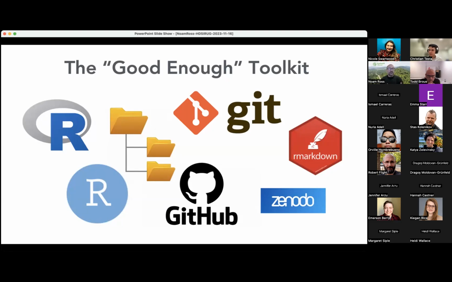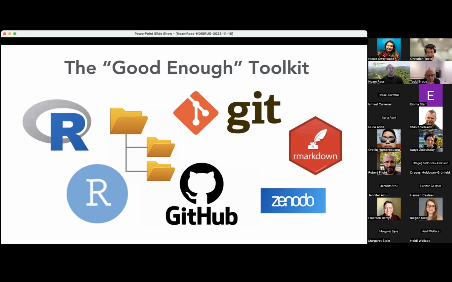Tools to work in and support that language like RStudio, a project structure approach of how you organize your files, usually a version control approach, so you can look at the history of your work going forwards and backwards in different versions. Git and GitHub have become the overwhelming dominant forces within that.